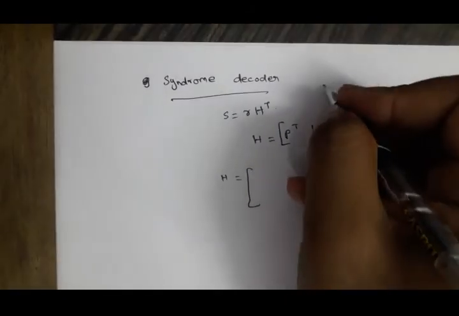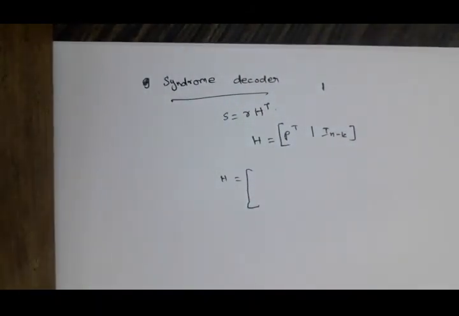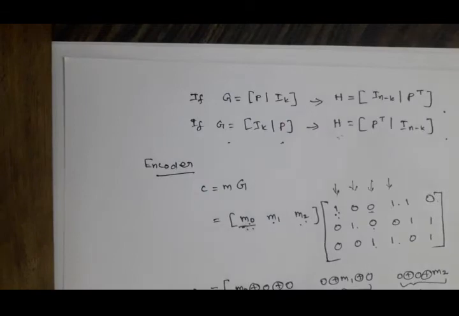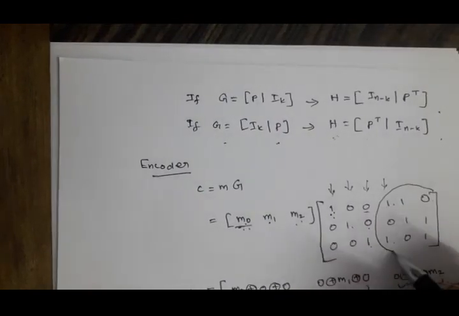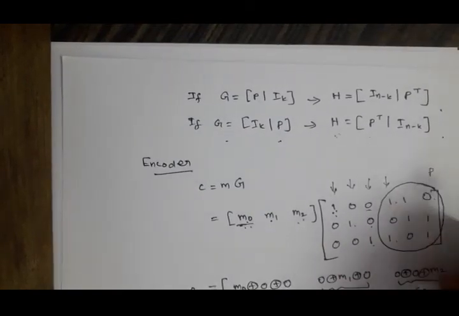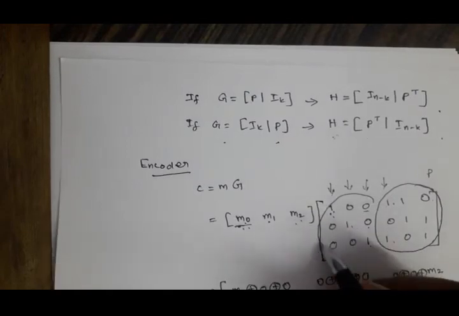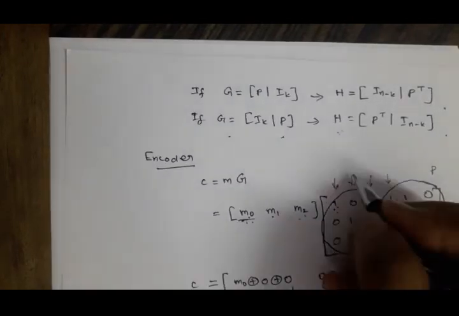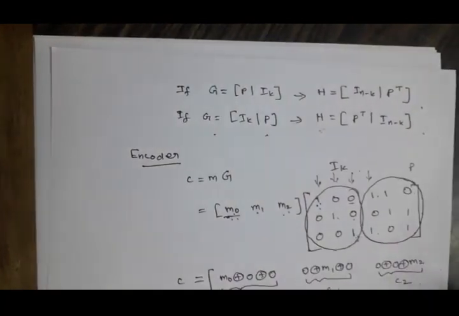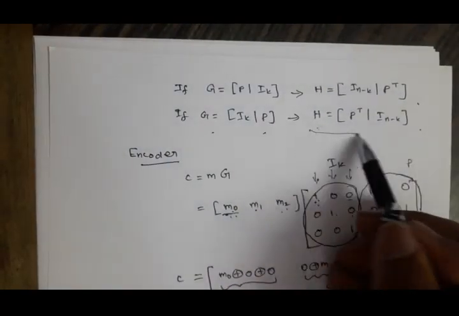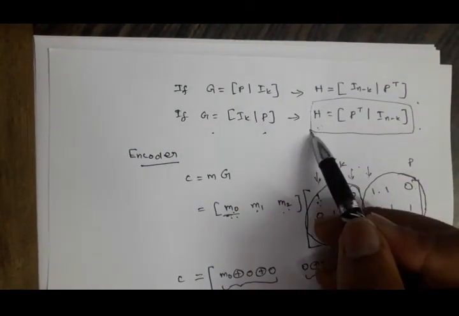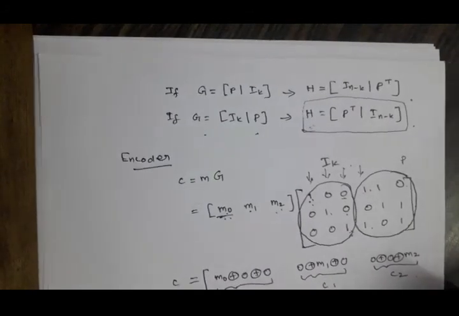So H can be written as: this is the P matrix, the parity matrix, and this one is the identity matrix. So we have to use this expression for determining the parity check matrix, or Hamming matrix.